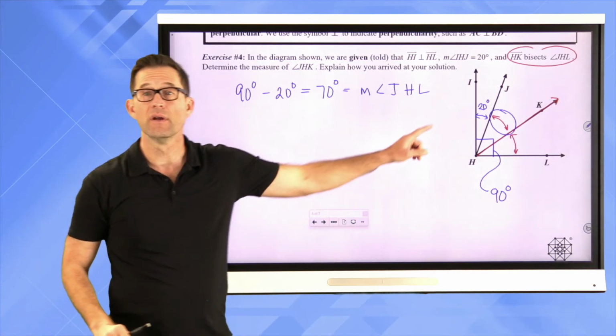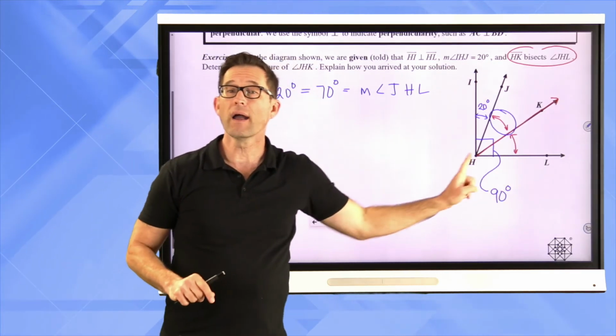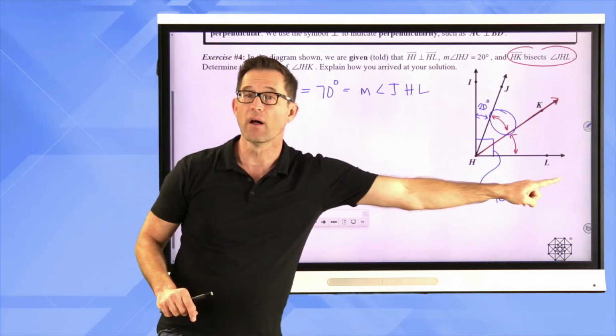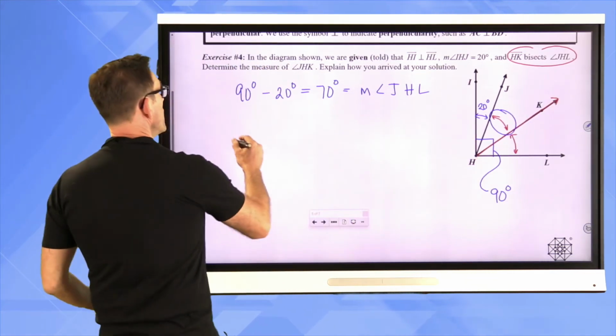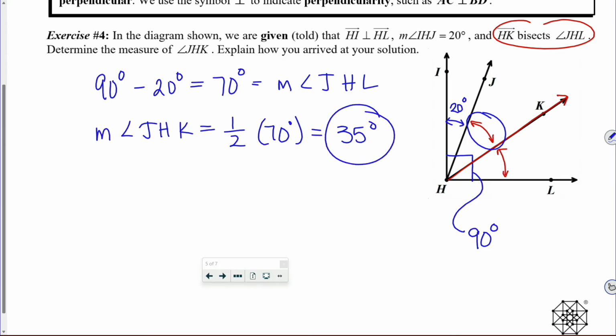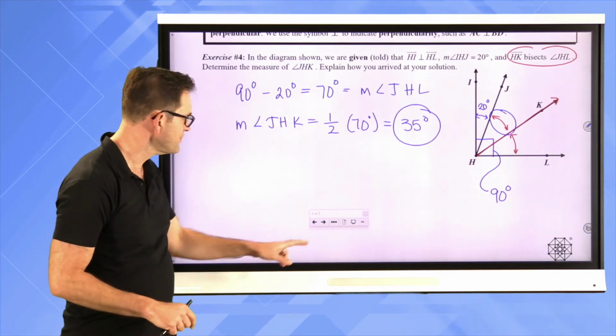That's not my answer, that's just JHL. But I know that HK bisects angle JHL, so it cuts it in half, which then tells me the measure of angle JHK must equal 1/2 of 70 degrees, which is equal to 35 degrees. And that's it, right? Simple enough.